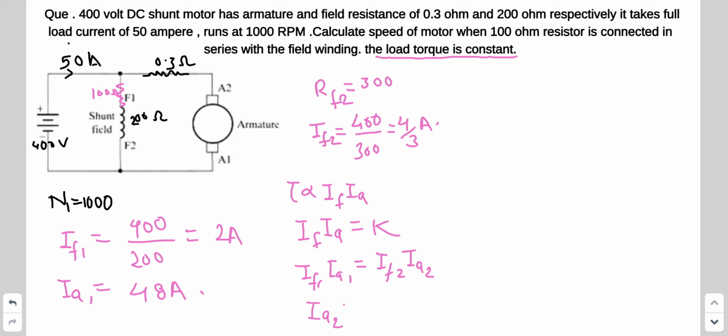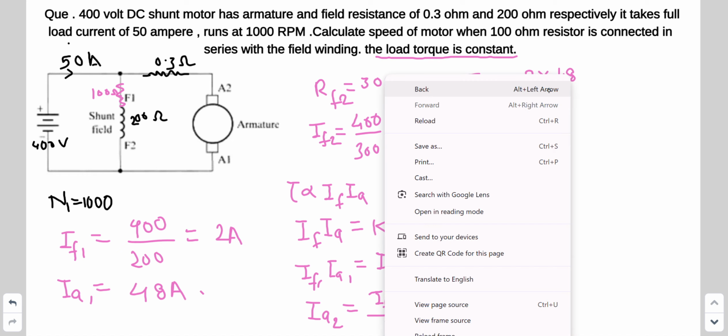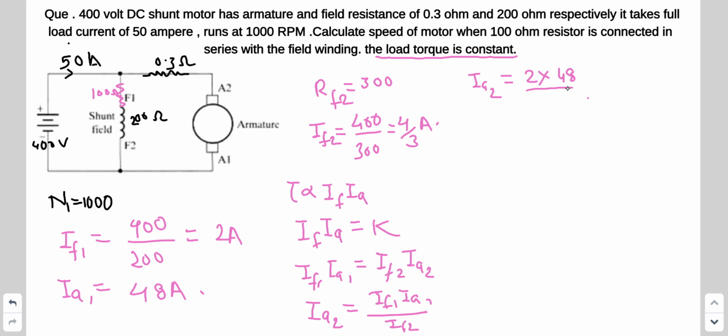So IA2 will be IF1 into IA1 divided by IF2. IF1 is 2 ampere, IA1 is 48 ampere, and IF2 is 4 by 3 ampere.